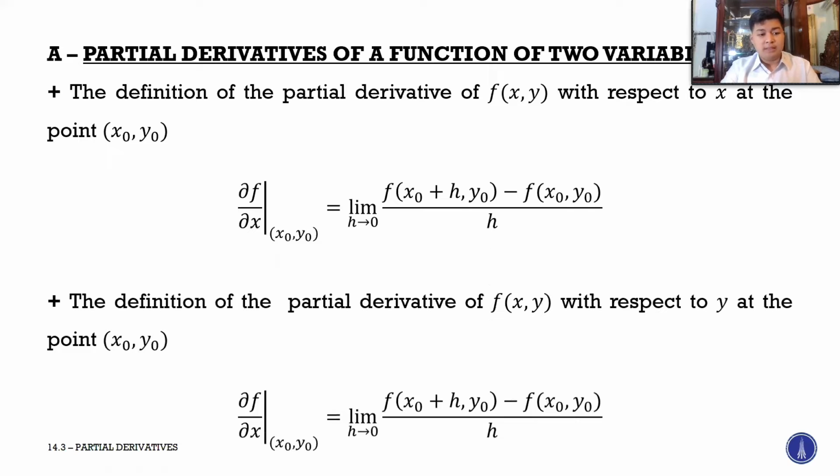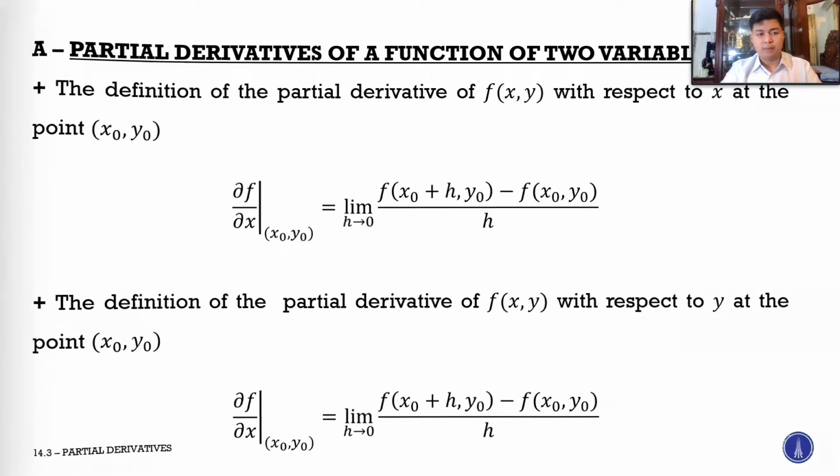And this is the definition of the partial derivative of f of x and y with respect to y at the point x sub 0, y sub 0, which is equal to the limit as h approaches 0 of the function f of x sub 0 and y sub 0 plus h, minus f of x sub 0, y sub 0, over h.